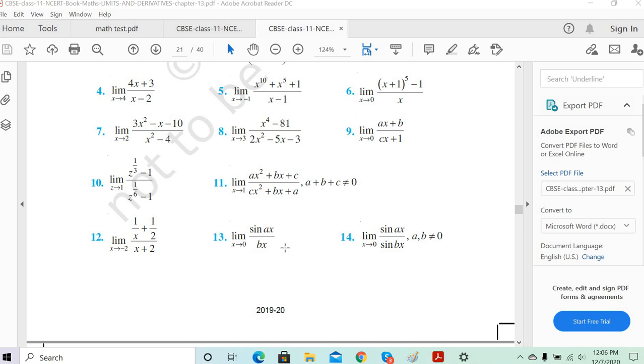So we multiply the numerator with ax and divide it by ax, and then we multiply the denominator with bx and divide it by bx. Yes, you are right. Then only it will come in the form of sin x by x. Whatever the angle of sine is there, that angle has to be in the denominator.